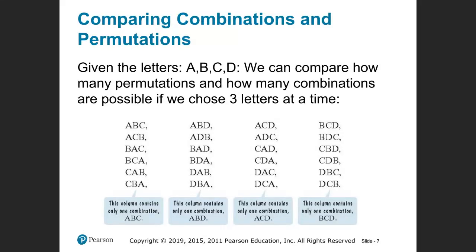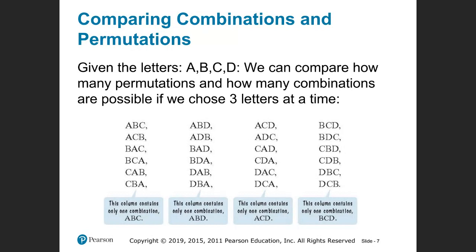Comparing combinations and permutations. Given the letters A, B, C, D, we can compare how many permutations and how many combinations are possible if we chose 3 letters at a time. The first column contains only one combination, ABC.